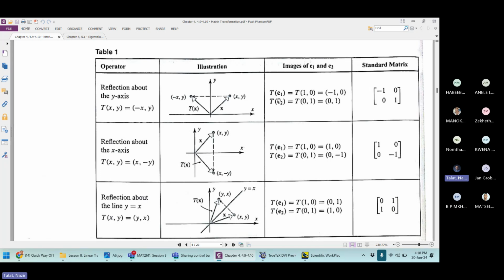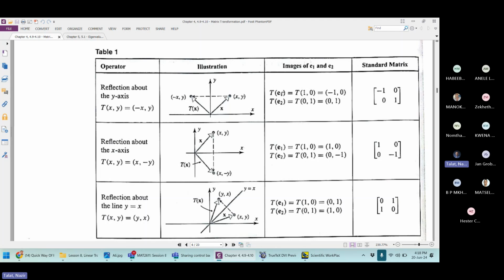Apply the standard basis elements E1 and E2 of R2. We get the answers (minus 1, 0) and (0, 1), which we can write in matrix form. So the standard matrix of this operator T is [minus 1, 0; 0, 1].